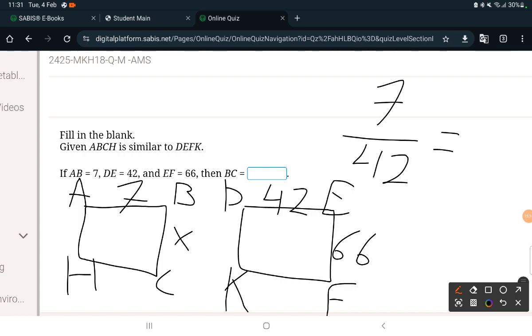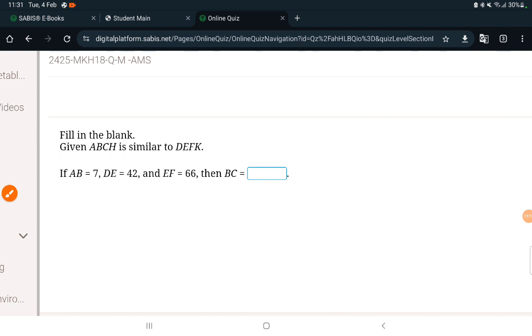And then we need to start off with the left one in the other fraction, since we started with 7. We can't start off the second fraction with 66. So x goes on top and we put 66 as the denominator. Okay, so we could simplify by 7 top and bottom. That will become 1 over 6. So then we have 1 over 6 is equal to x over 66.